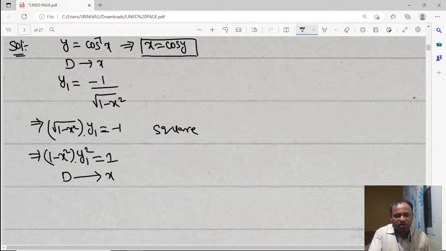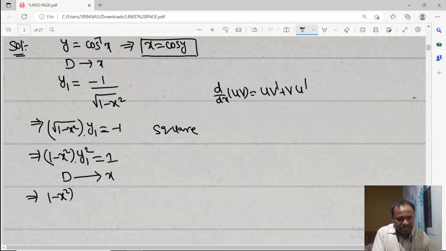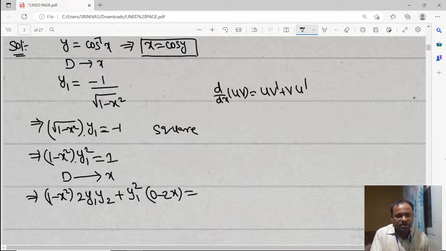This is in UV form. What is UV form? The differentiation of uv is u v differentiation plus v u differentiation. We get 1 minus x square into the differentiation of y1 square, 2y1 into y2, plus y1 square into the differentiation of 1 minus x square, 0 minus 2x, is equal to the differentiation of 1, which is 0.